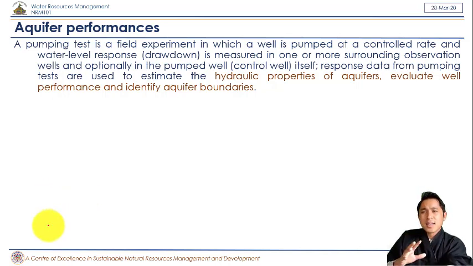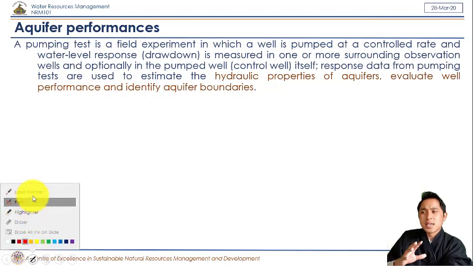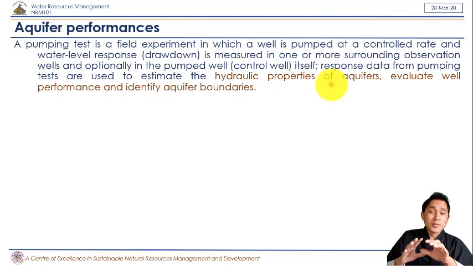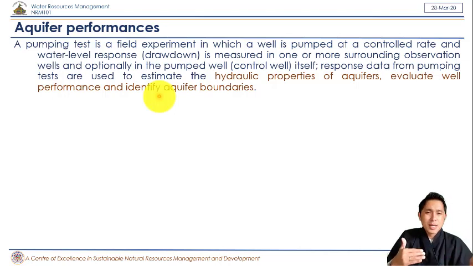Basically, it checks whether we have good hydraulic properties, whether the aquifer can really store a good amount of water. Then we can also identify the boundary that aquifers make: how far the aquifers go, and how far these rock systems are distributed in nature. We can study that too.